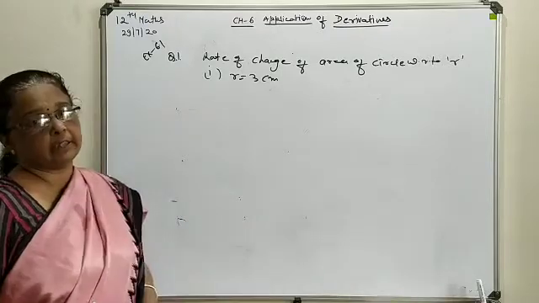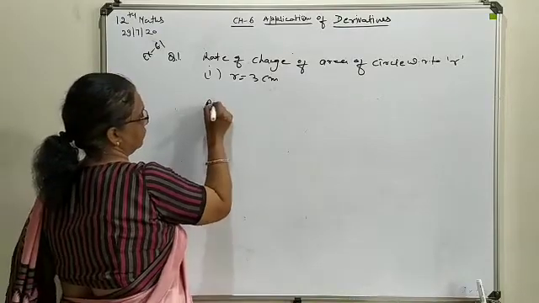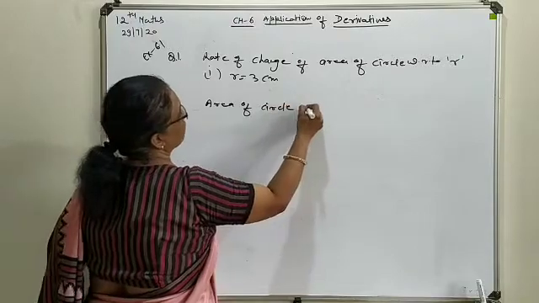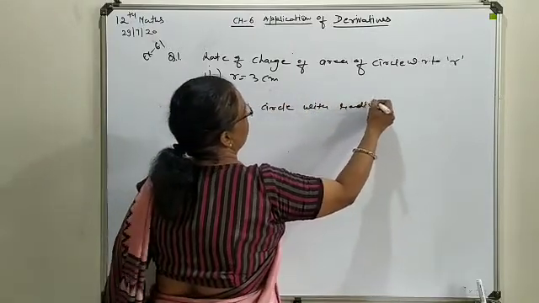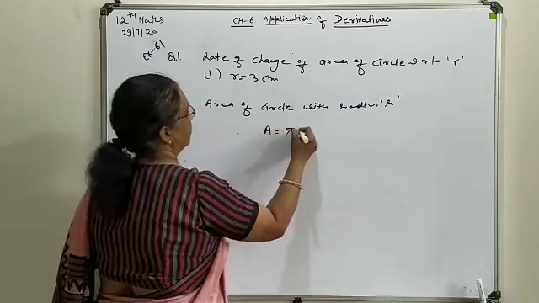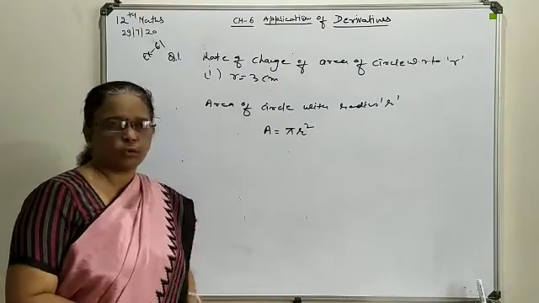First of all, we write the area of the circle with radius r, which everybody knows, is pi r square. Now we have to find the rate of change with respect to r.